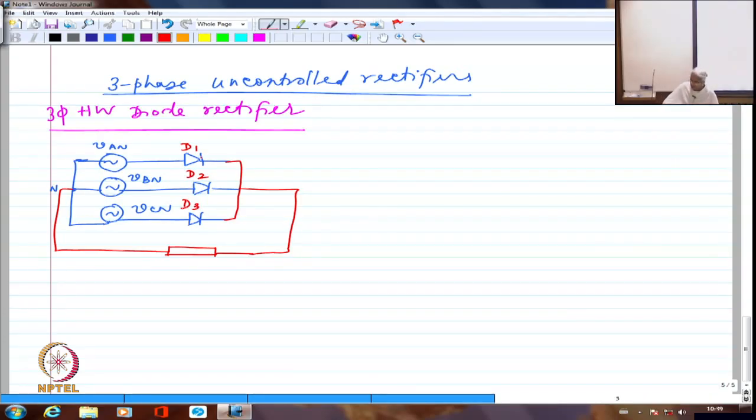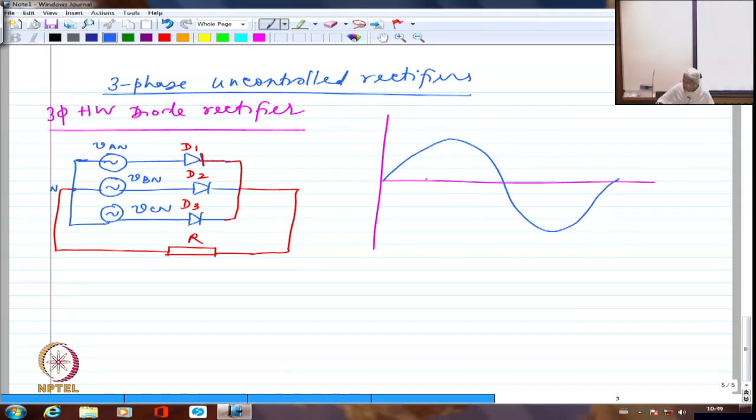So I have to see at what point D1 will conduct, at what point D2 will conduct, and at what point D3 will conduct. Let's first of all start off with a simple resistance load, R load, right? So let me first of all draw the three-phase voltage waveform. So this is the sinusoid.